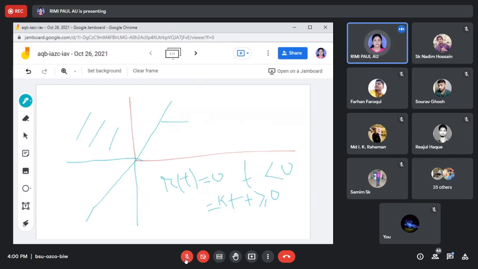I'll have to multiply this ramp signal by a unit step signal. If I multiply the ramp signal by a unit step signal, that means I just write k t u(t). Suppose k is 5, you can write 5t or 60t or 70t.